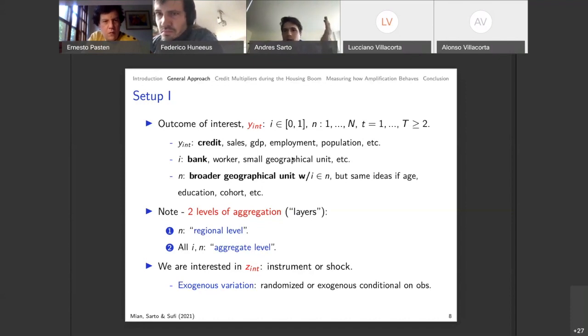You could think about workers for the cross-sectional units. The N, which is this geographical unit to which the bank belongs, is some kind of grouping in general, right? So it's some way of grouping the cross-sectional units that we have in our sample together. And this could be based on geography, but it could also be based on some other conditioning variable or variables, and the same ideas would apply. I'm going to touch a little bit more on this later on.